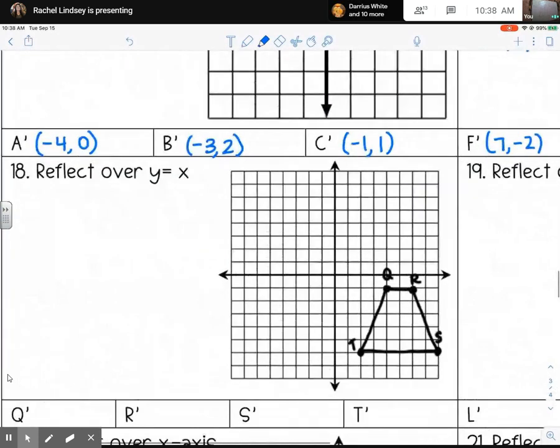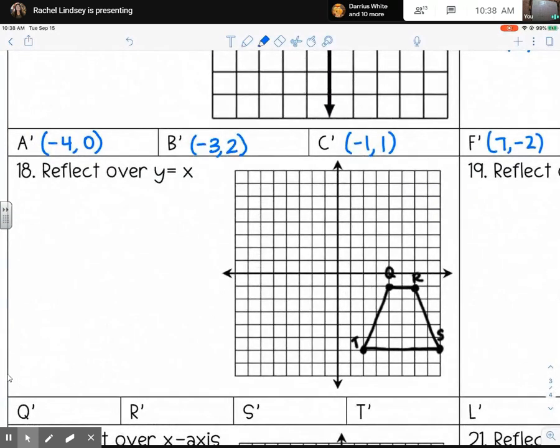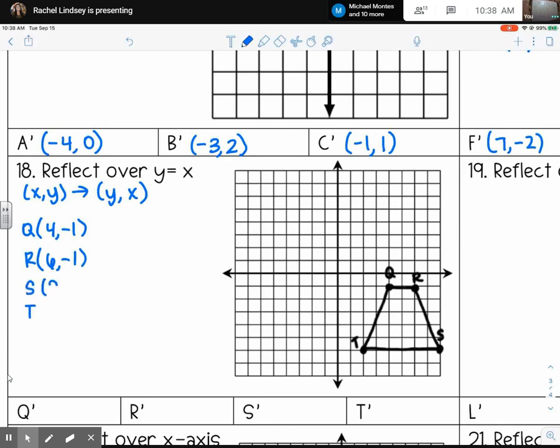Okay, on number 18, reflect over y equals x. So I'm just going to take my x and my y, and I'm going to flip them so that they're in y, x position.